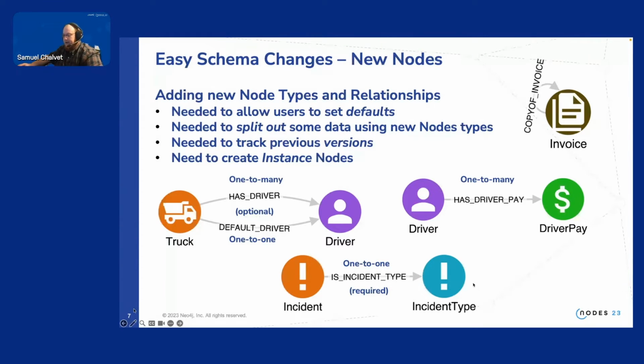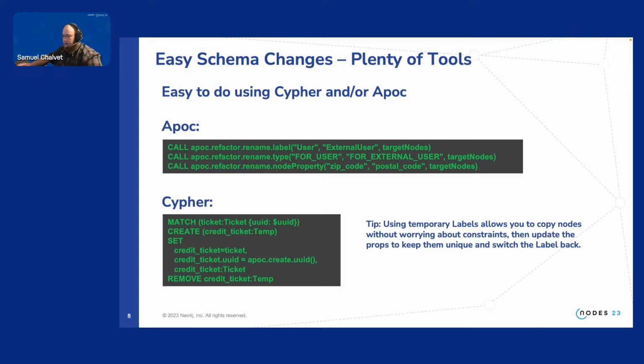So little changes like that just cause us to need to continuously change the DB, but overhead is really low with some of these APOC commands that we have access to in Cypher. They make it easy to rename stuff, but just in raw Cypher, I've got an example here of what it looks like to make a complete carbon copy of a node, and then either give it a different label or, in this case, just give it a different ID.